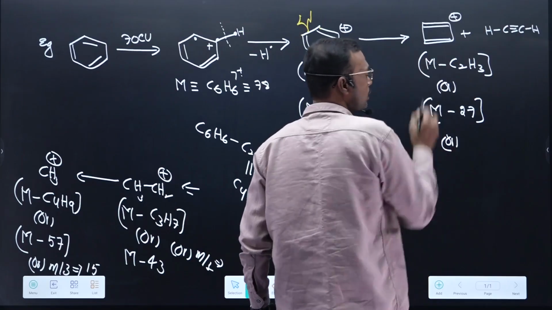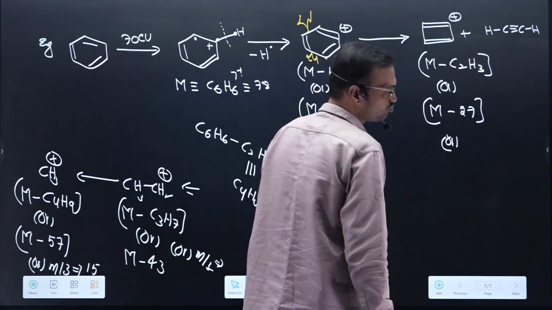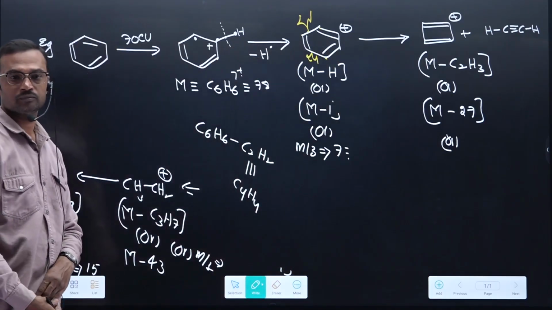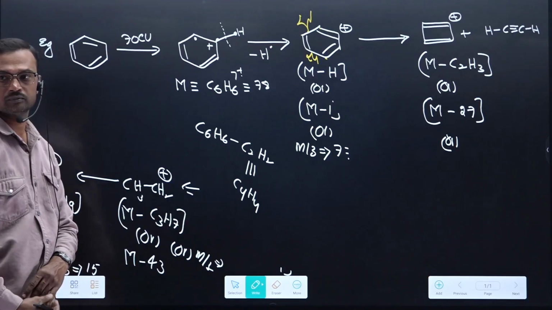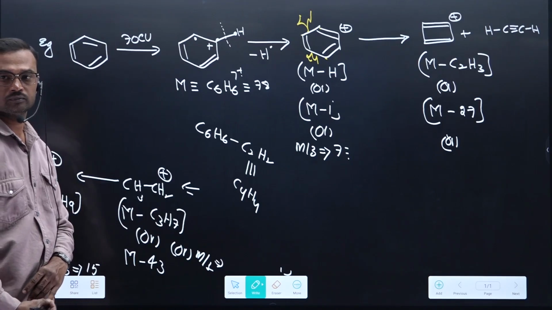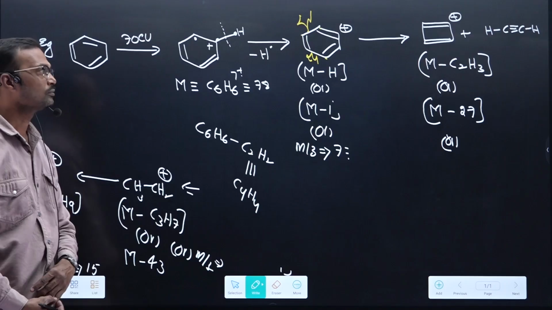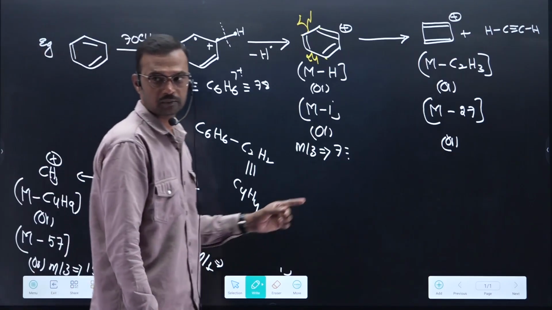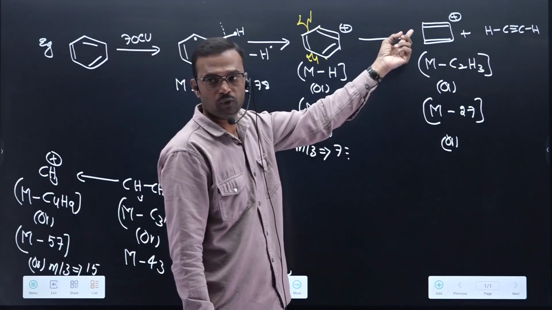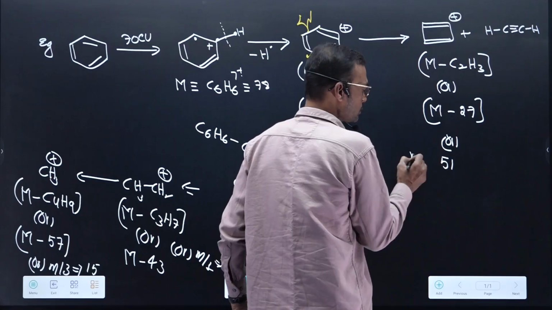Then what about the MZ value of this one? You need to count carbons and hydrogens. How many carbons, how many hydrogens are present? 4 carbons, 3 hydrogens. 4 into 12, 48. 48 plus 3, 51. This is the MZ value.